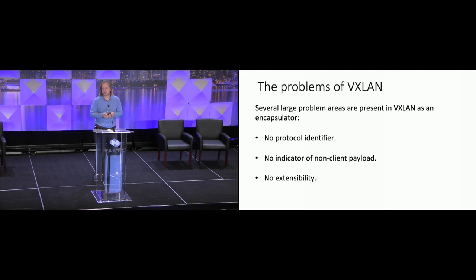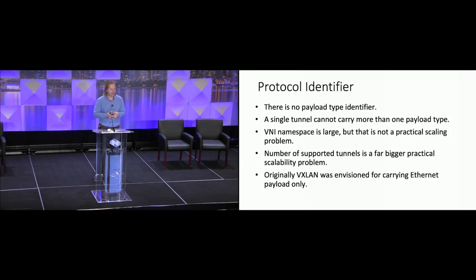Whatever gets into the tunnel is received at the other end as is, without any indication. There is no way to indicate that the packet which is being sent is not the actual client packet, but something else. And the worst of those, which would be able to solve those 2 problems, is that there is no extensibility in the protocol itself. So the protocol identifier: it is assumed that what is carried over a VXLAN tunnel is an Ethernet payload.